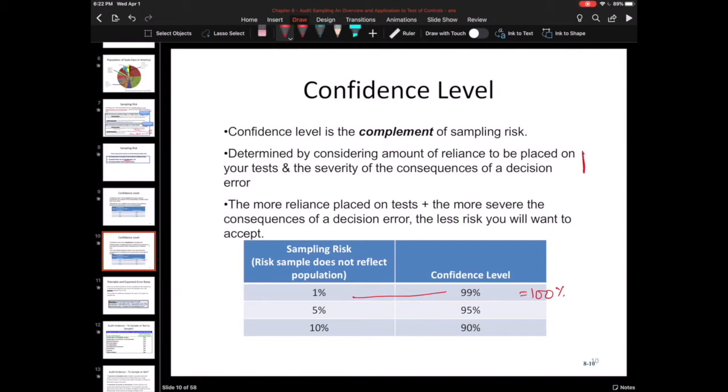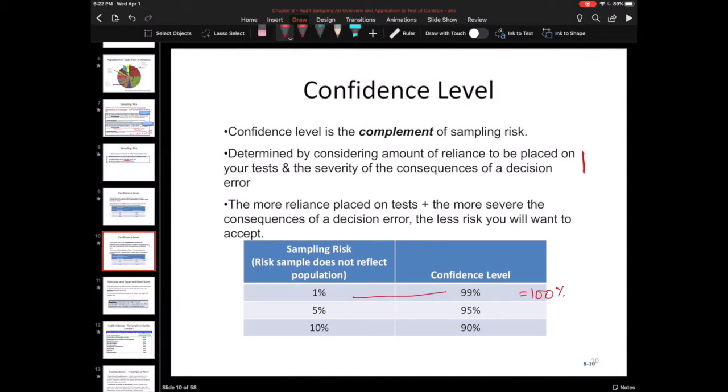To give you a specific example, let's say that I have an account like AR and I'm in for-profit world, right? So I have an account like AR or sales. I know these accounts are at higher risk of overstatement.